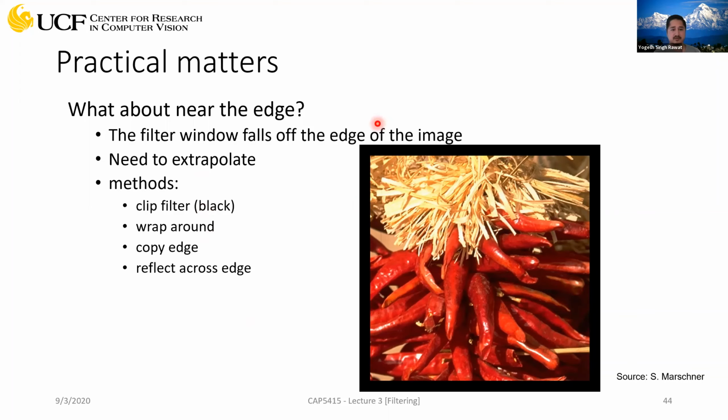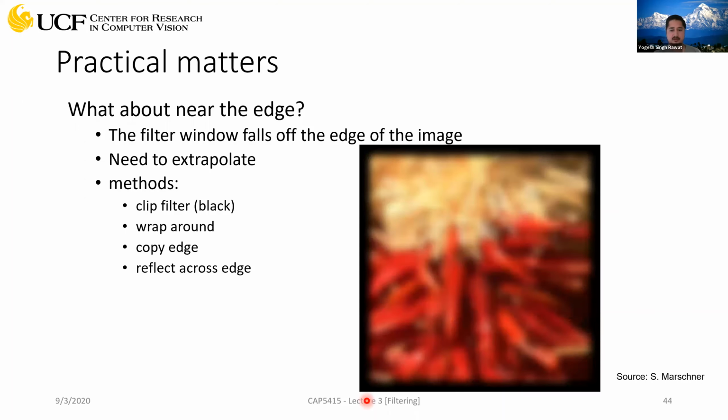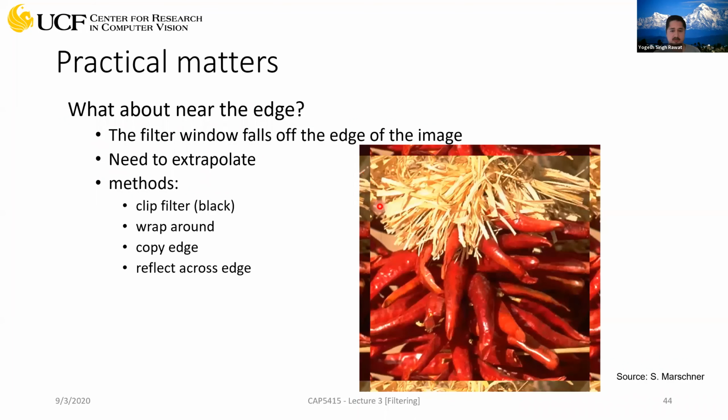So this is clipping. You're putting everything 0. Now, if you apply a filter, so this is a Gaussian filter, it's doing a lot of blur. You can see at the corners, it's not like a sharp edge. It's still doing something. So this is, I think, wraparound. You can see that this pixel location is actually copied to this one.